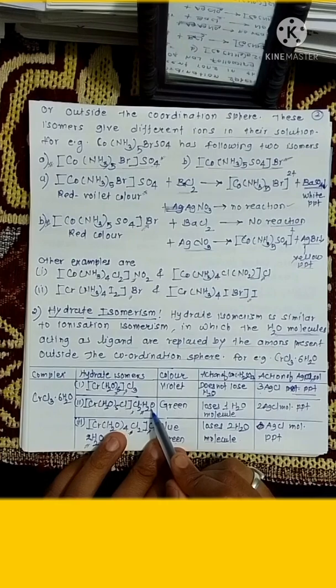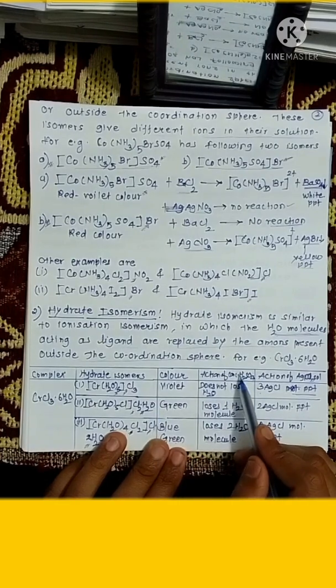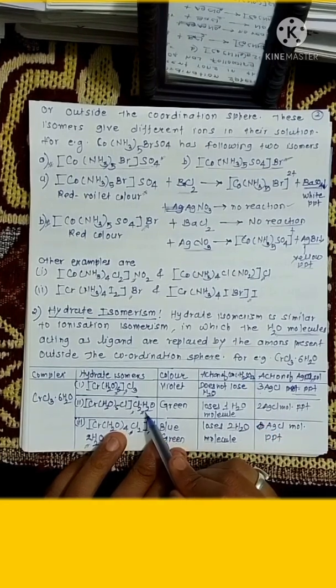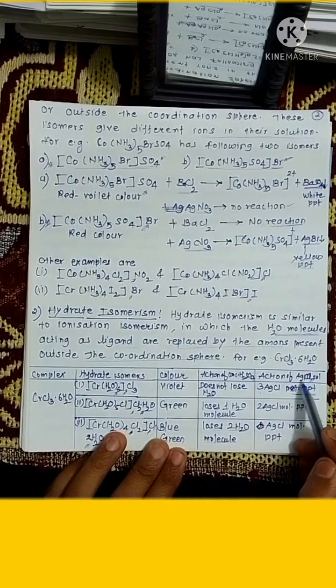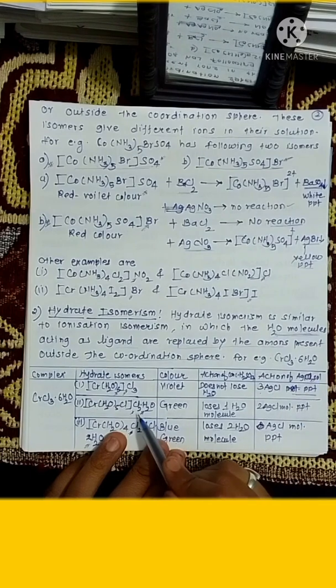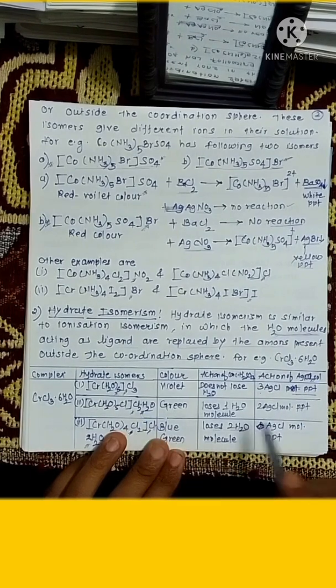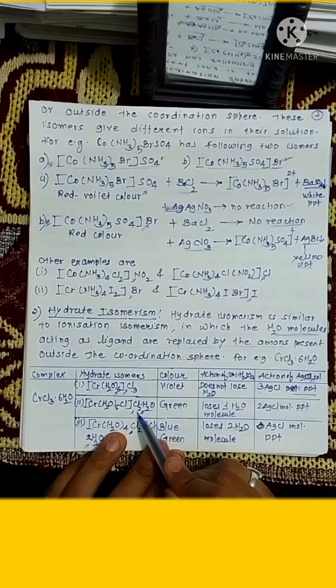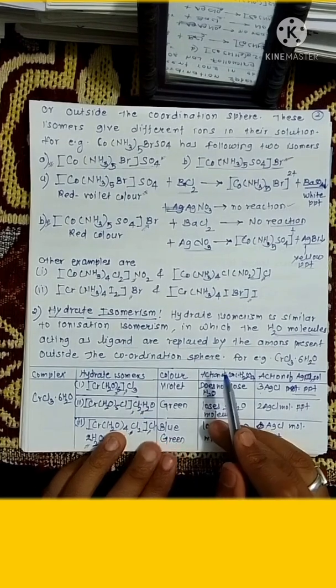When this complex is treated with silver nitrate solution, 2 molecules of AgCl are precipitated because 2 chlorine atoms act as counter ions in this case.